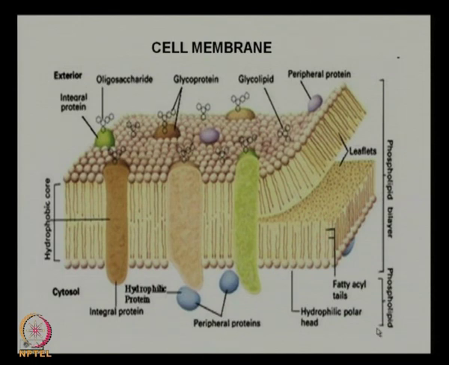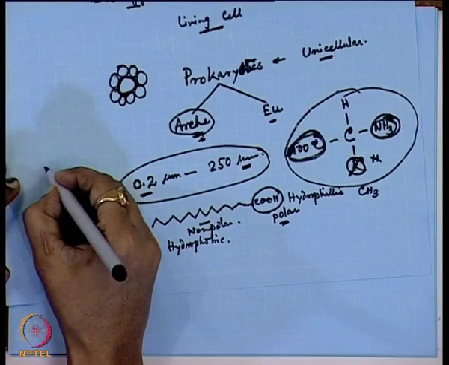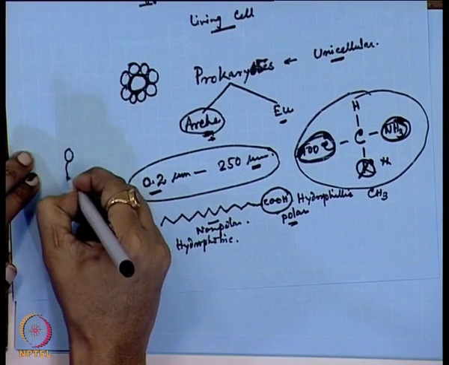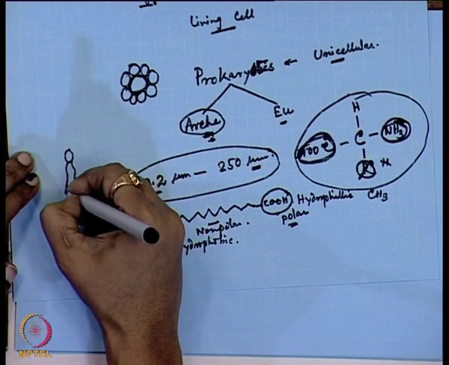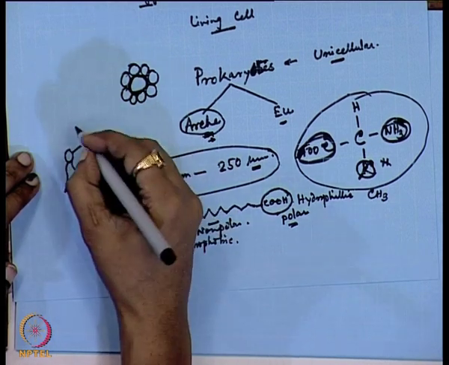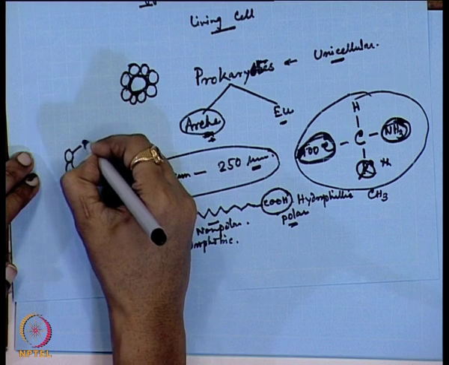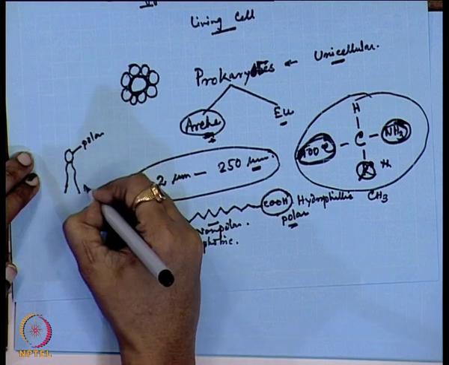And you see this is the phospholipid layer, and phospholipid bilayers are there. Here you see this is the hydrophilic end of the lipid, that means if we write the structure, we can find it has two ends, one is polar and the other is non-polar.